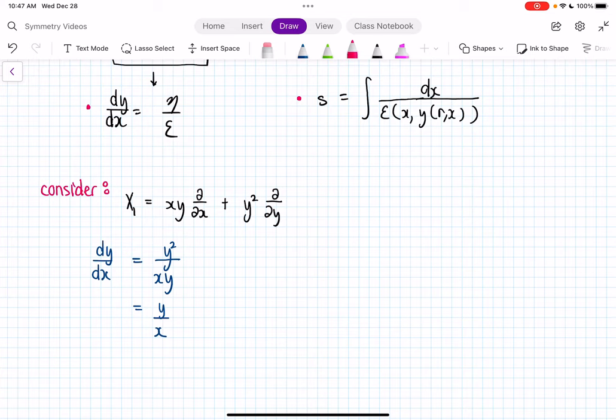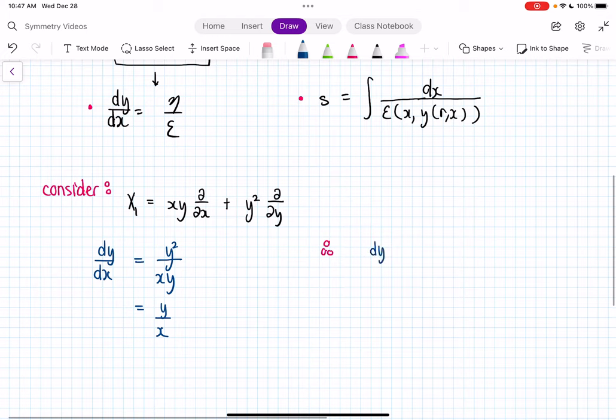I'm going to continue on the right hand side just so that I can use space wisely. So here now we will have dy over dx equals y over x. This is separable, so I'm going to rearrange and separate things.